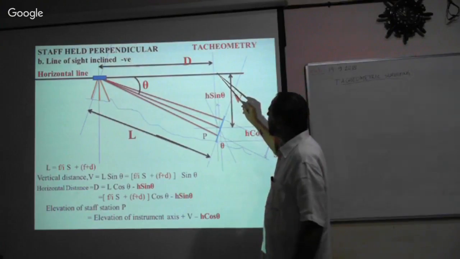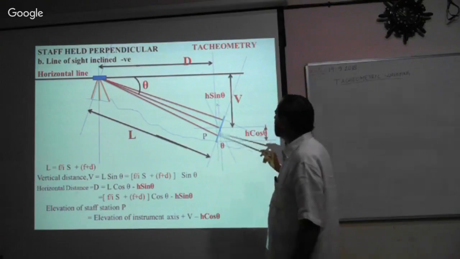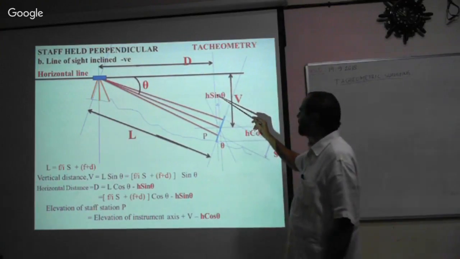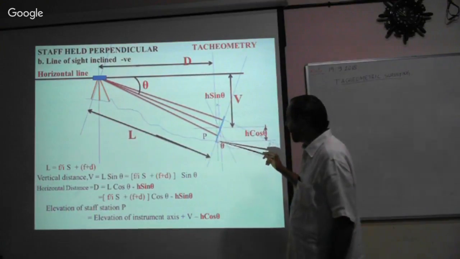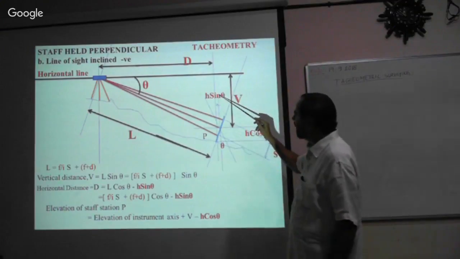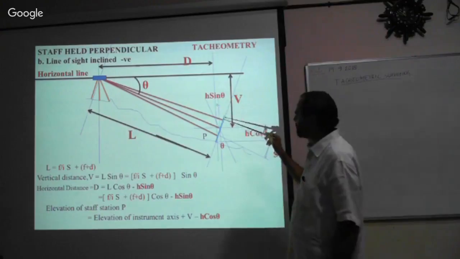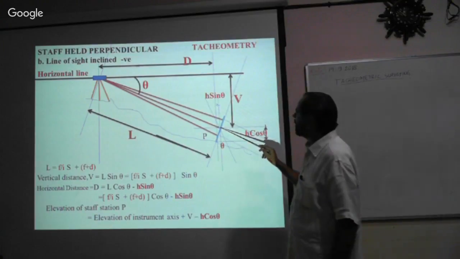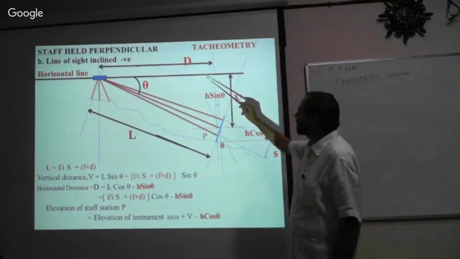Therefore, to find D from that value, this portion has to be deducted. That is H sin theta has to be deducted. In a similar manner to how we handled the previous case, handle this triangle. In the previous case we added H, depending upon the circumstances, but in this case it has to be deducted to find D.